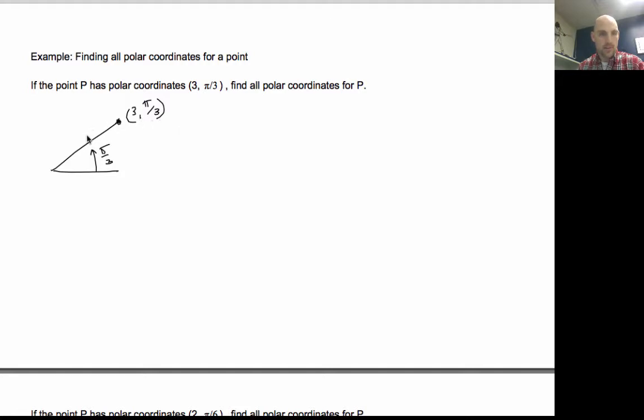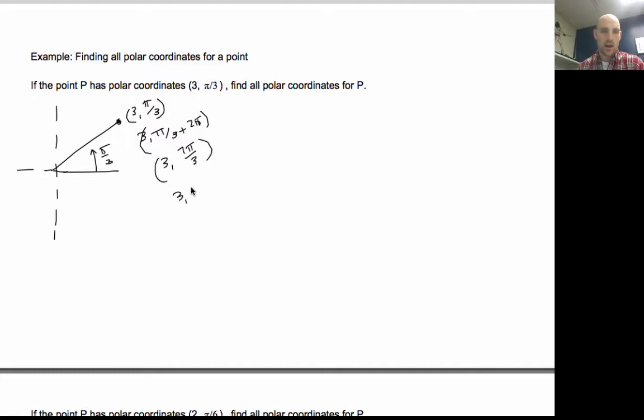Well, if I remember that I'm dealing in like unit circle stuff, I could go around and have 3 comma pi over 3 plus 2 pi, right? Or plus 4 pi, right? So this would be 3 comma 7 pi over 3. Could be because 6 pi over 3 would be 2 pi.